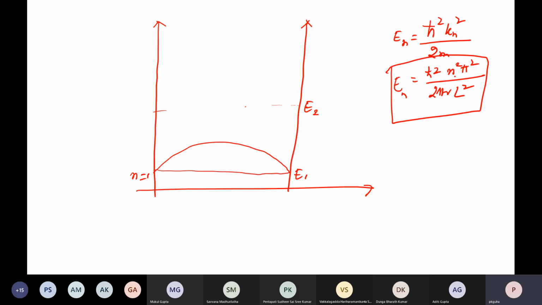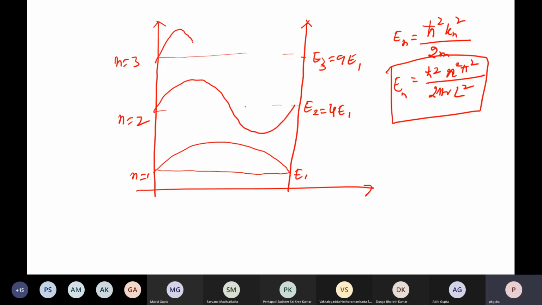In other words, as you increase n, the square of n will give you the energy. So E2 will be 4 E1, E3 will be 9 E1, and so on, right? Because it depends on n squared. So this is n equal to 2, this is n equal to 3, and the corresponding waveform you can draw like this, and so on and so forth. So this is the way you represent your waveform.